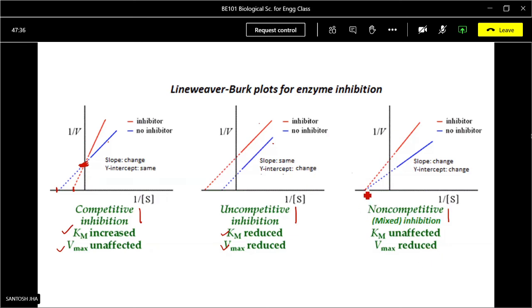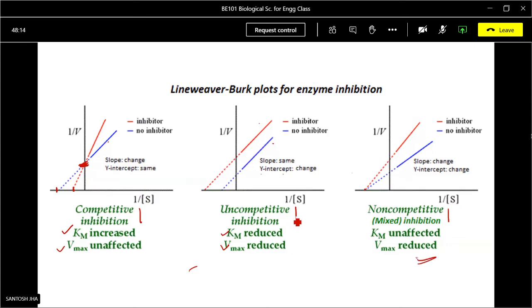So it has the same intercept at the y-axis, so the same Km value, but the Vmax value gets reduced.